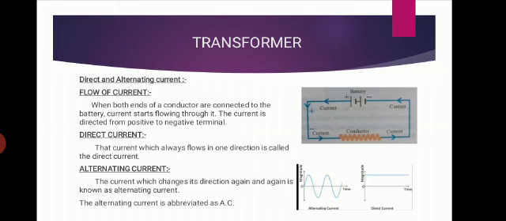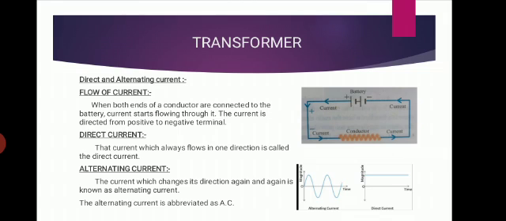And now we discuss the other topic, that is direct and alternating current. First we discuss the flow of current. When both ends of a conductor are connected to the battery, current starts flowing, which moves from the positive terminal of the battery towards the negative terminal.